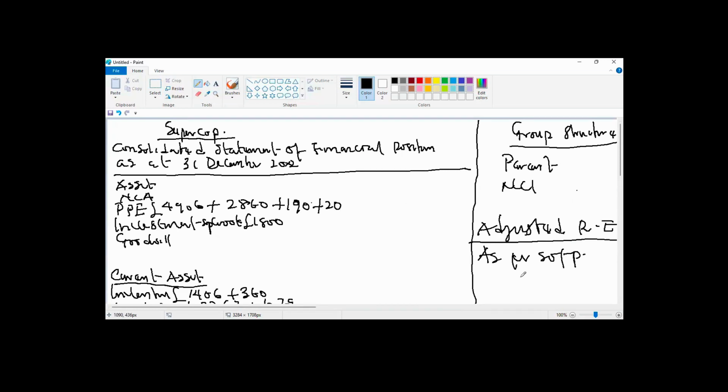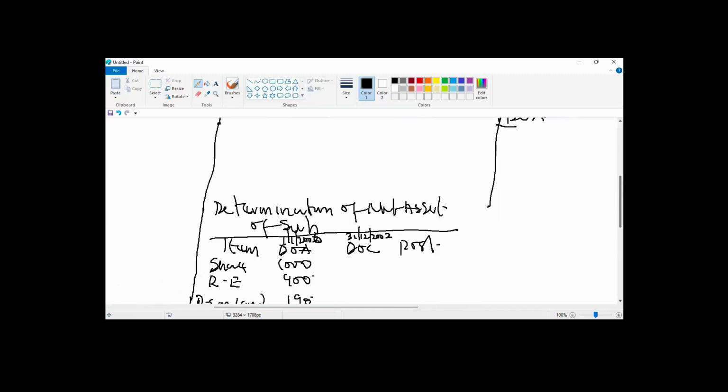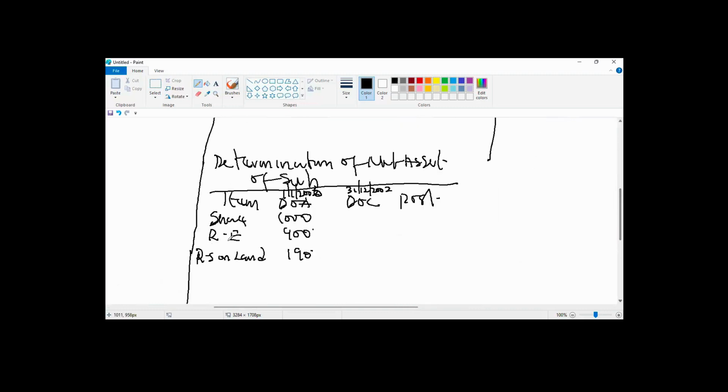I will now come to net assets at date of consolidation. It is now 210: 190 plus 20, 210. The difference will now give us the post-acquisition 20 to share. This is what we are saying.